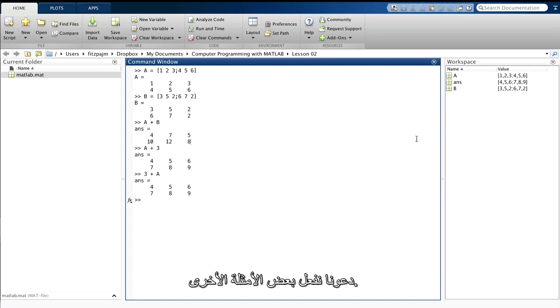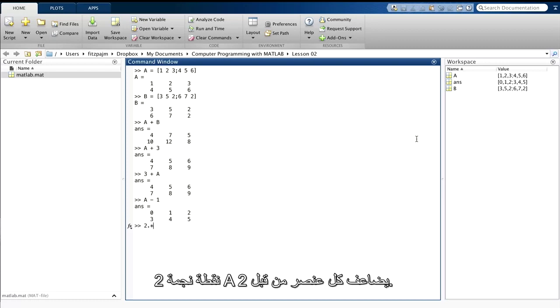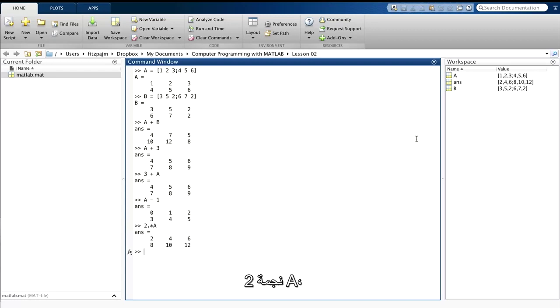Let's do some more examples. A minus 1 subtracts 1 from each element. 2 dot star A multiplies each element by 2. 2 star A, the matrix multiplication version, does the same thing.